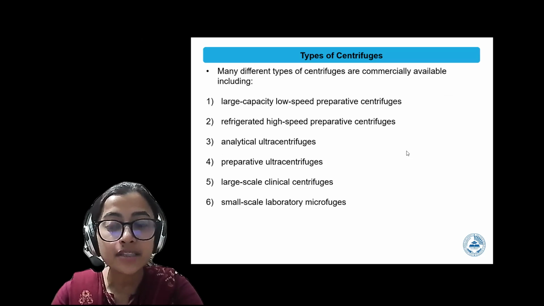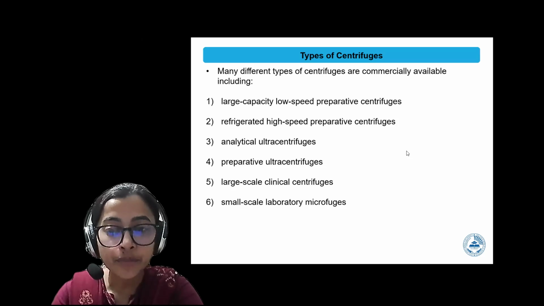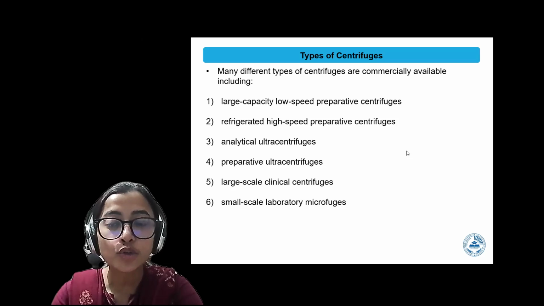There are several types of centrifuges available for different applications. These include low-speed preparative centrifuges, used for routine separation of cells. High-speed refrigerated centrifuges, used for subcellular components. Analytical ultracentrifuges, used for studying macromolecules.